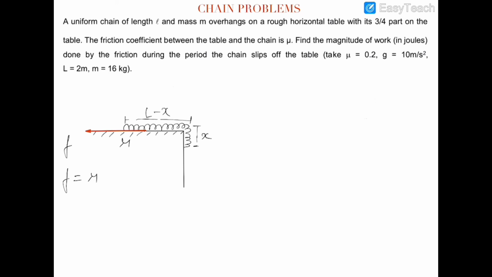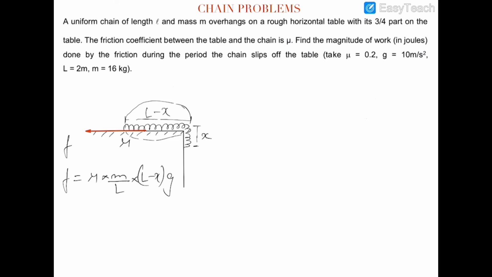Now m will be the mass of that part which is resting on the table, and therefore mass of this part will be m upon L into L minus x. So F is mu m by L into L minus x into g. This is the friction force which is acting on the chain right now.